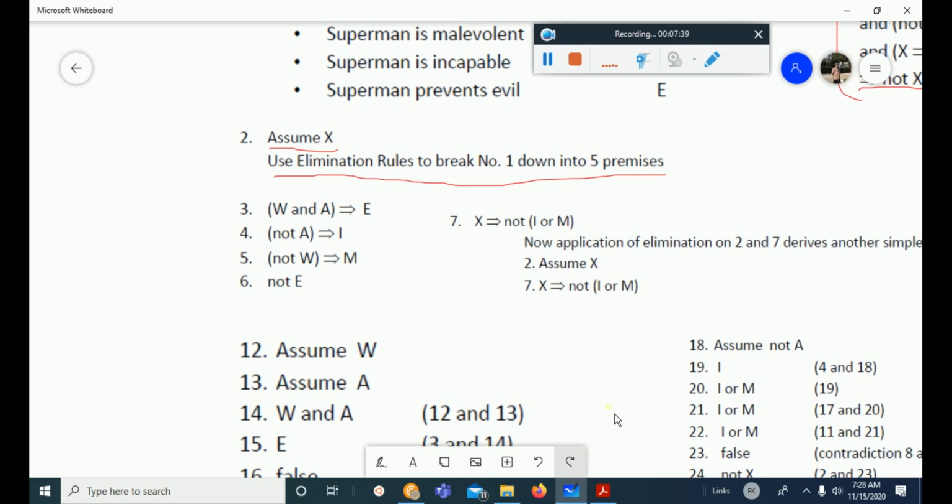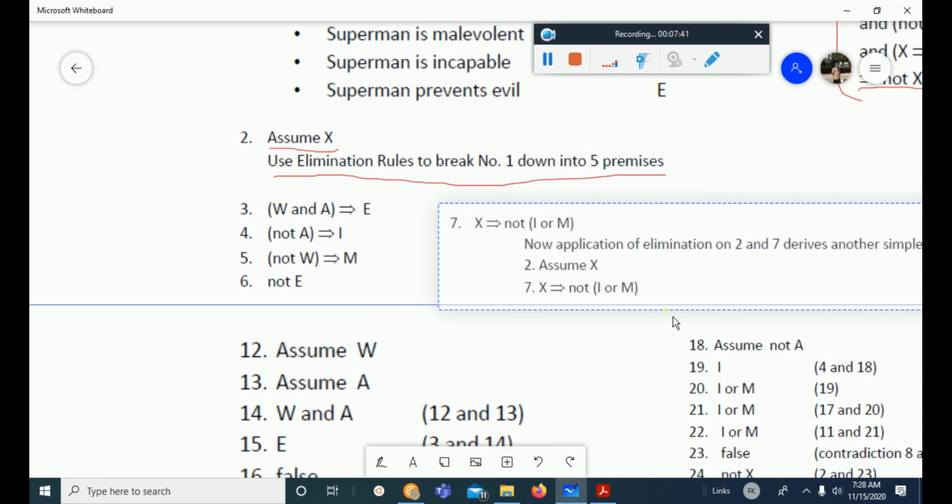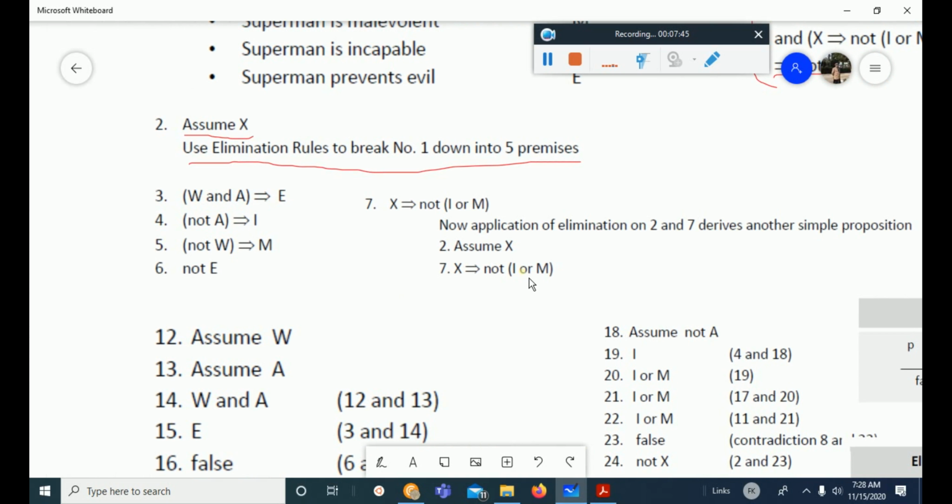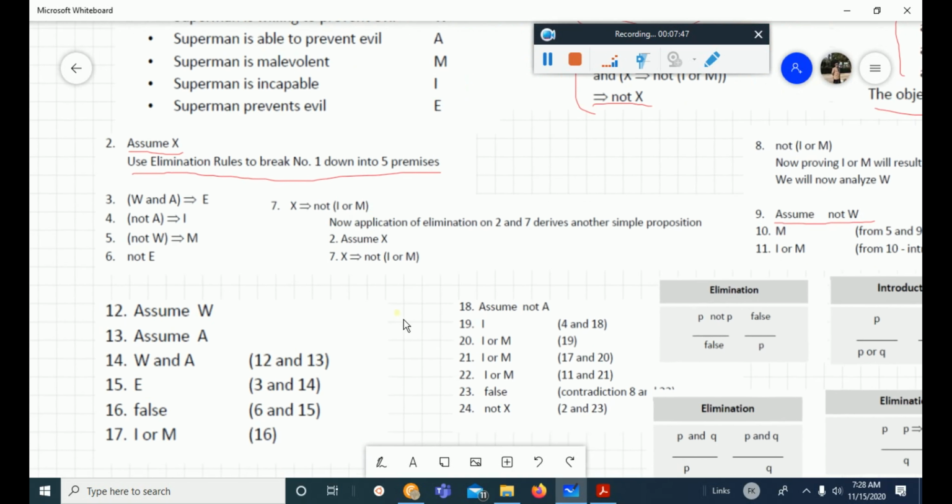These are the rules which we have broken down. Now application of elimination on 2 and 7 derives another simple proposition.